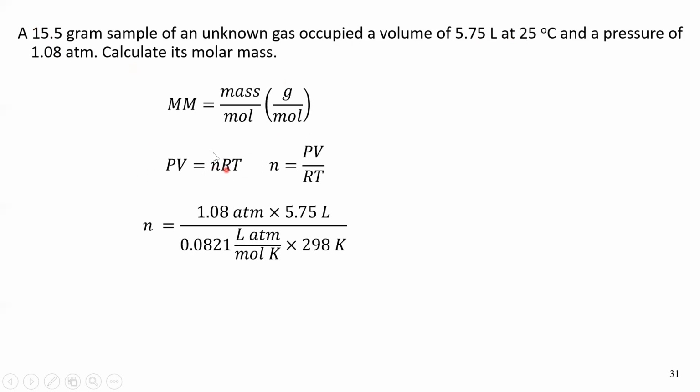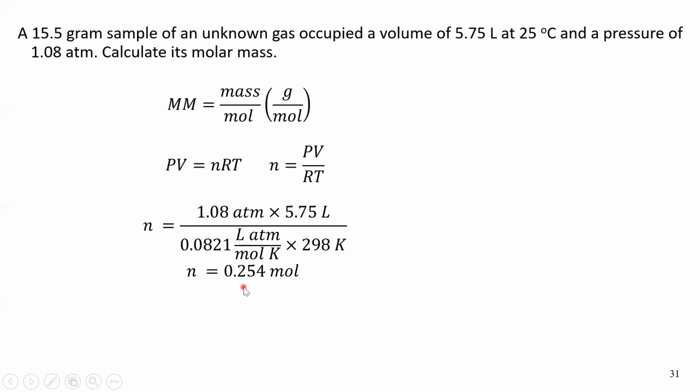We'll solve for n, and then we'll plug in our values. So our pressure is 1.08 atm. Our volume is 5.75 liters. We'll use 0.0821 to be consistent with our pressure units. We'll change our temperature to Kelvin, and we'll be able to figure out how many moles of gas we have.